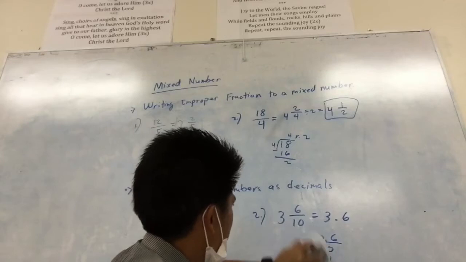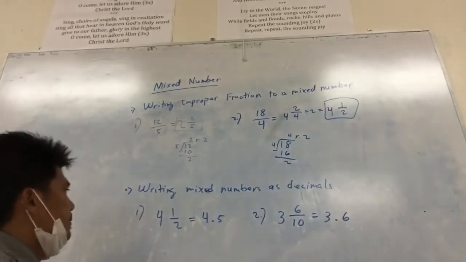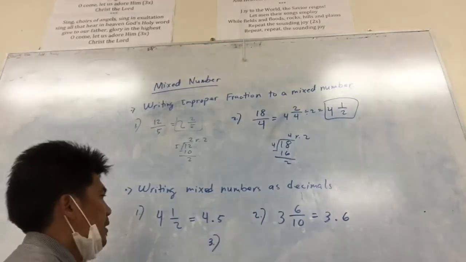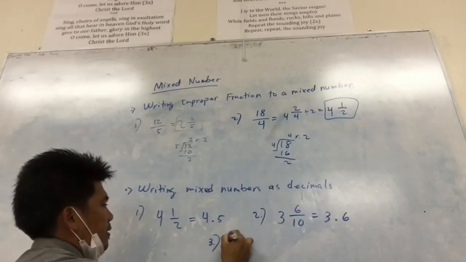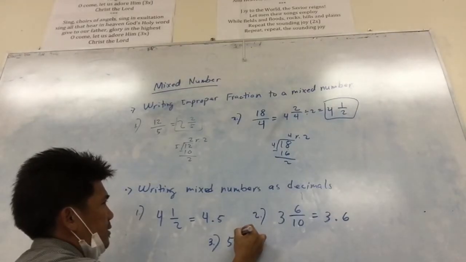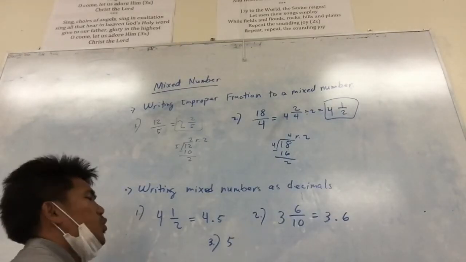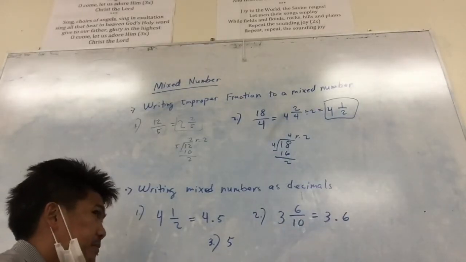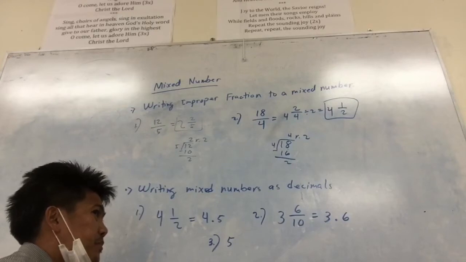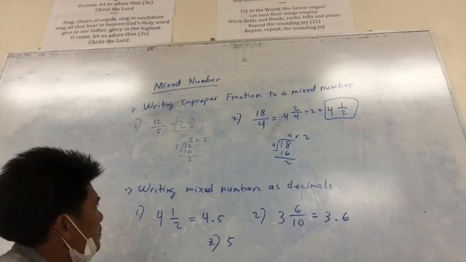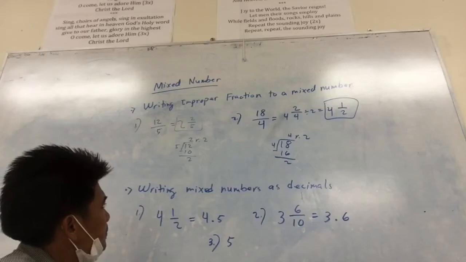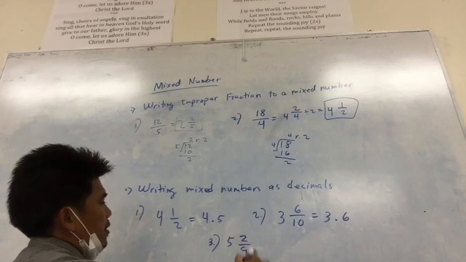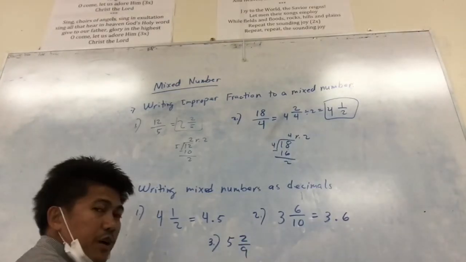Let's find another example, a harder one. Maybe this is the last. Let's say 5 and 2/9.